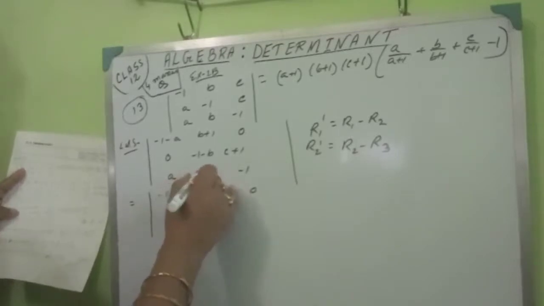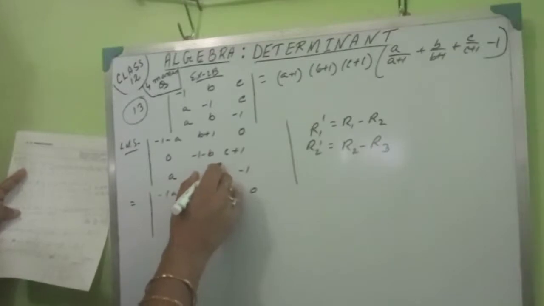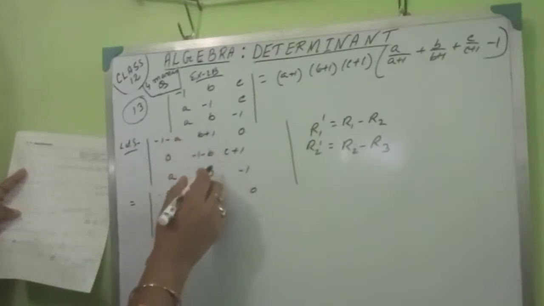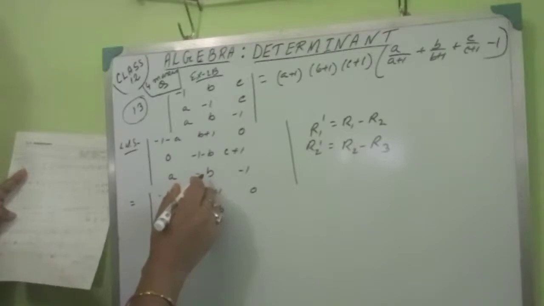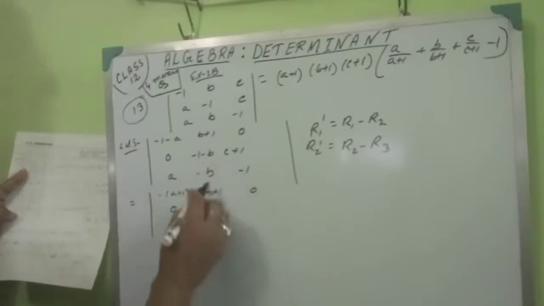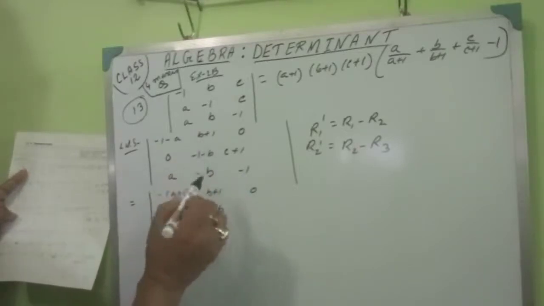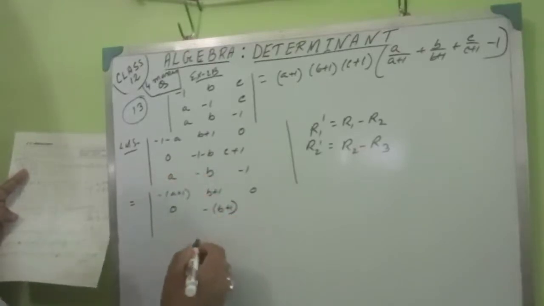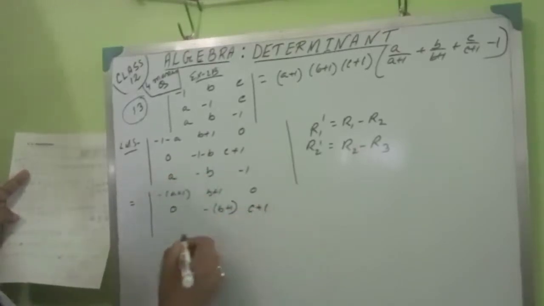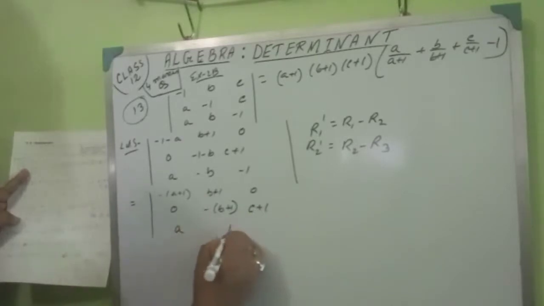Third column, b minus 1, b minus 1, b minus 1. So it will be first row b plus 1, and it will be second row, take common minus, it will be minus b plus 1. It is c plus 1, and the third row a, b minus 1.